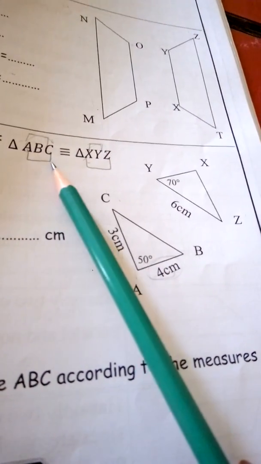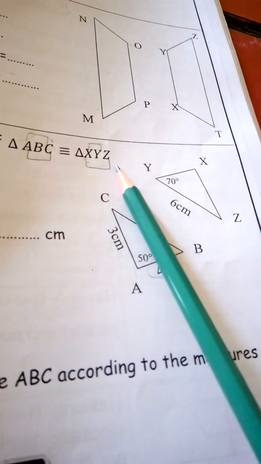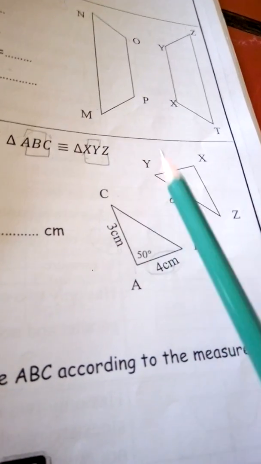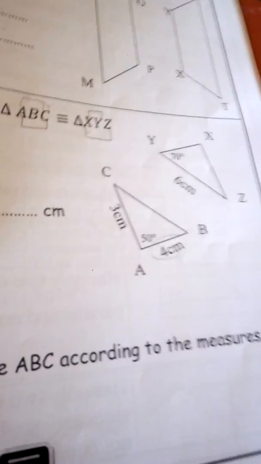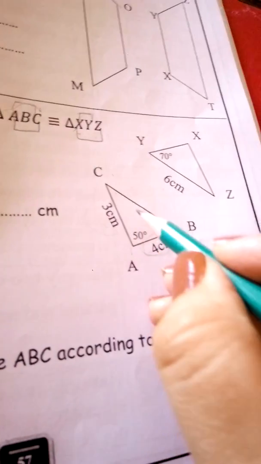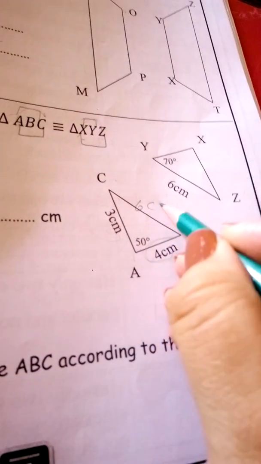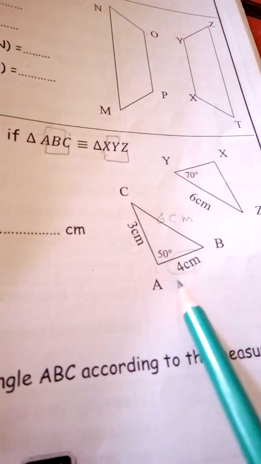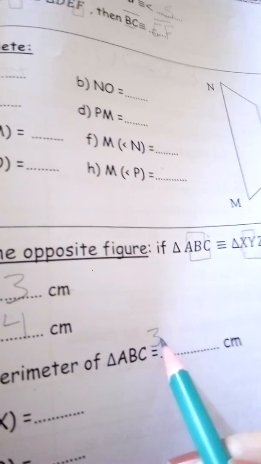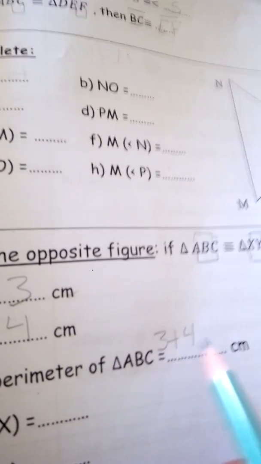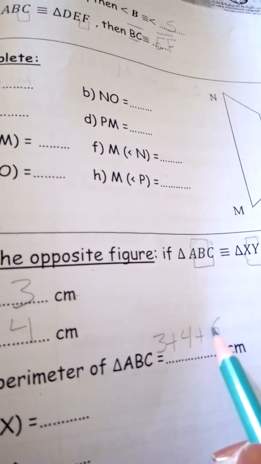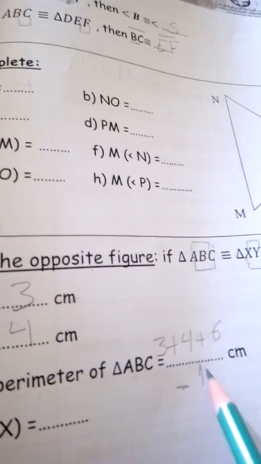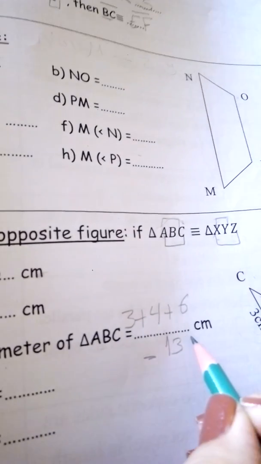BC second and third، يبقى YZ equal what؟ 6 سنتيمتر، يبقى كمان BC equal 6 سنتيمتر. Now I can find the perimeter of triangle، يبقى 3 plus 4 plus 6 equal 13 سنتيمتر.